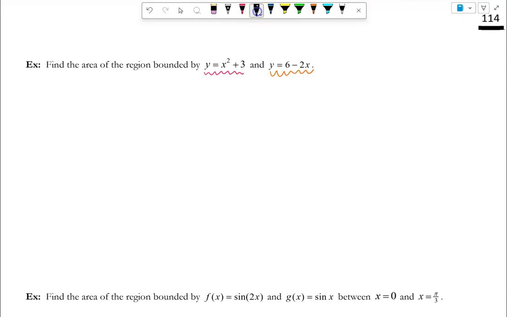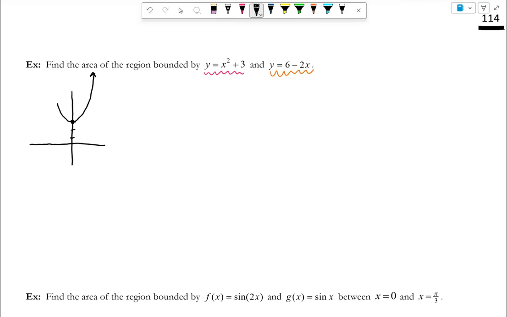All right, so it would be very helpful if we knew what this looked like. And I do believe we could probably sketch these. We know what the quadratic and linear parent functions look like. We know how to apply transformations. So x squared plus 3, I'm just going to do a little sketch out here. That's going to be a parabola that is the parent function, but translated up 3 units.